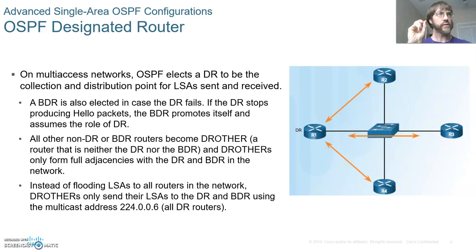Then everyone sends their LSAs to it. Everybody makes their neighbor adjacency with it. And it is in charge of sending LSAs for that whole area to the rest of the network. So only the DR is producing LSAs for everyone that it is representing. It becomes like a delegate to Congress, shall we say.